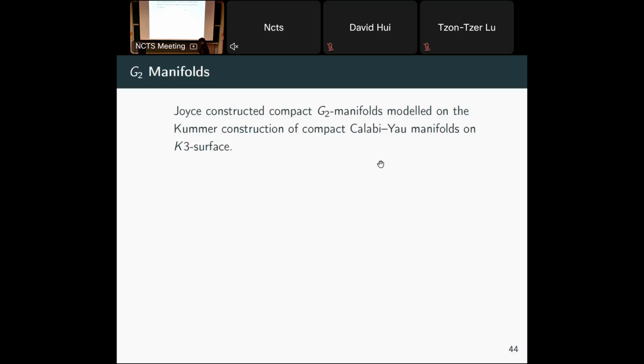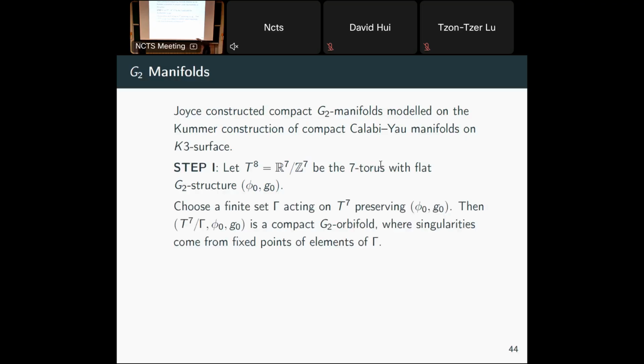Now, this work is by Dominic Joyce. He needed to come up with compact examples of G2 and Spin(7) manifolds, and he followed this Kummer construction. This is a perfect harmony of algebraic and analytic or geometric techniques. He started with the 7-torus, T7, and he chose a finite set acting on that torus that preserves the G2 structure and the metric.